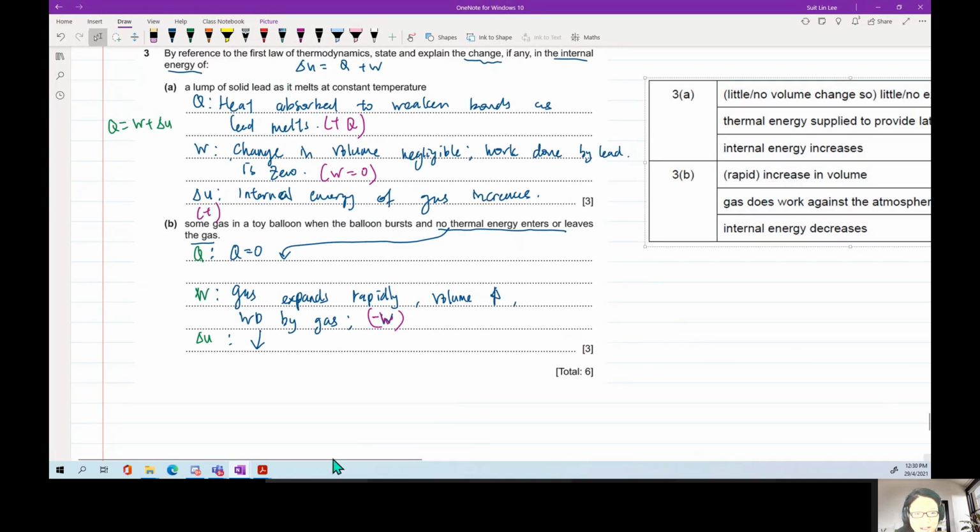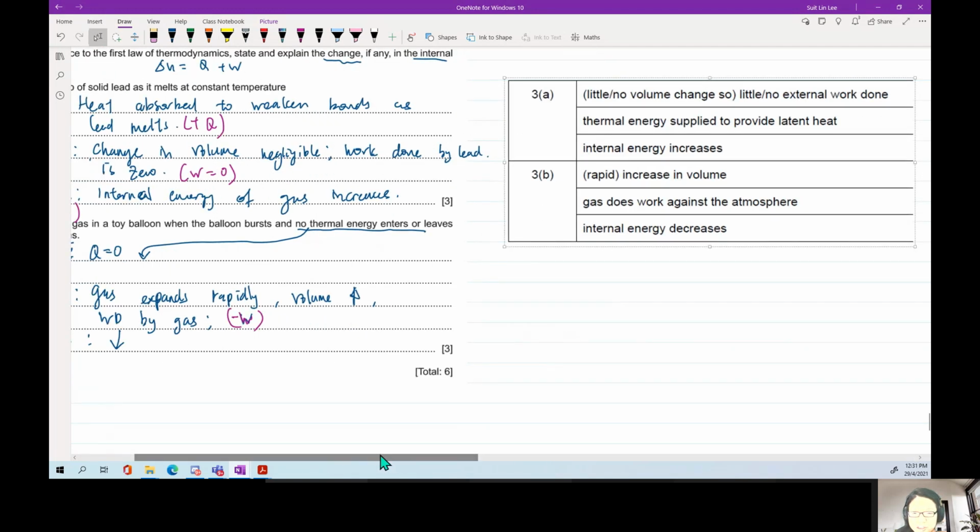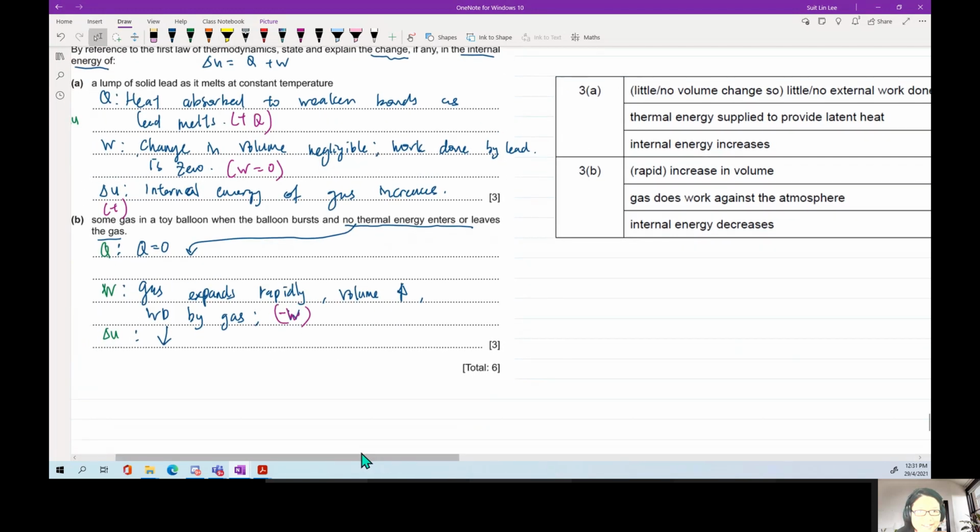Little to no volume change, so no external work done. Yay, 1 mark. Thermal energy supplied to provide latent heat. Weaken the bonds as the lead melts is the same thing. Now I'm going to upgrade my answer to supply or provide latent heat.